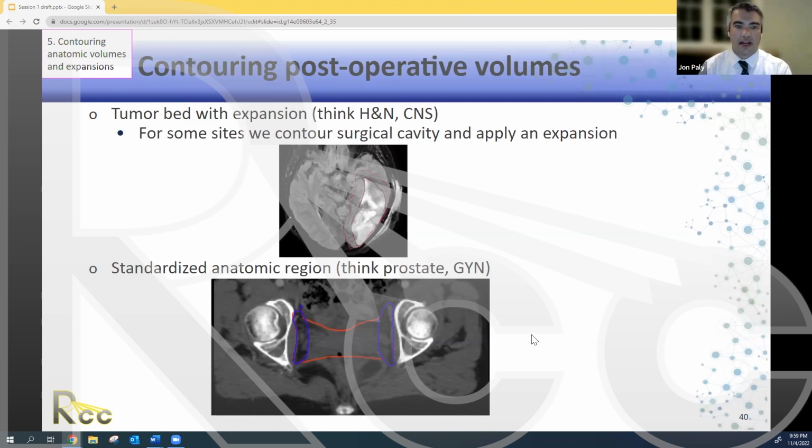Alternatively, we have standard anatomic regions that we'll treat for a prostate after a biochemical recurrence or for salvage prostate radiation. Or in this case down here, this is actually a GYN, post-operative GYN treatment where IMRT is being used. And these are standard volumes that are tailored to each patient, but not based on a cavity.